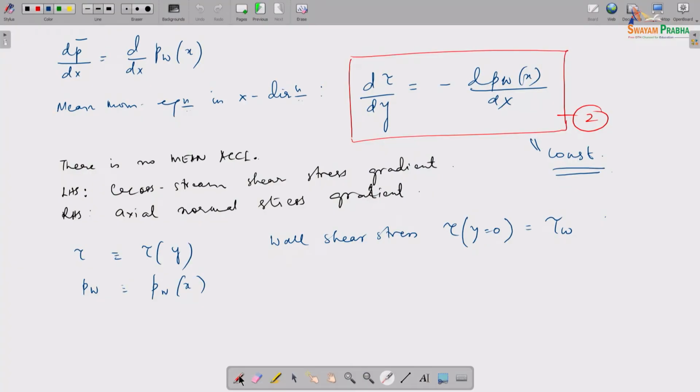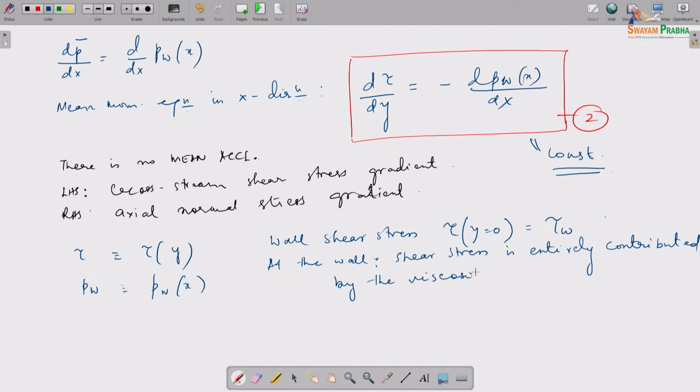So, at the wall, the shear stress is entirely contributed by the viscosity.